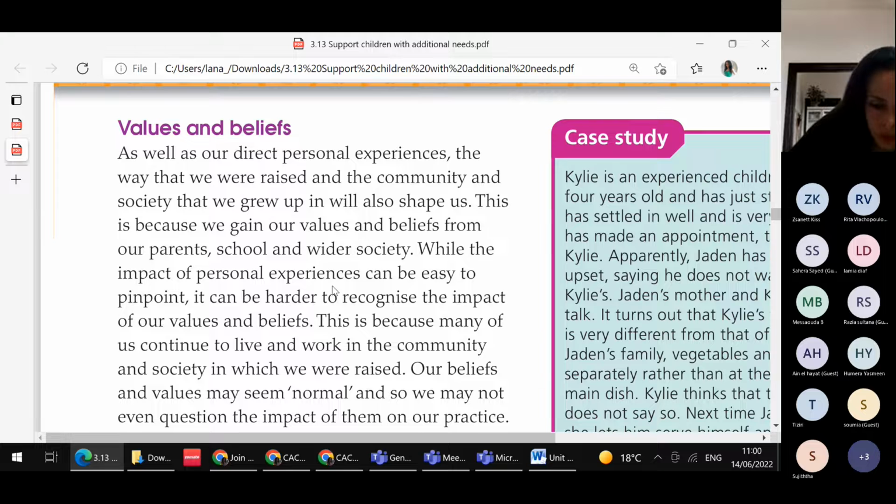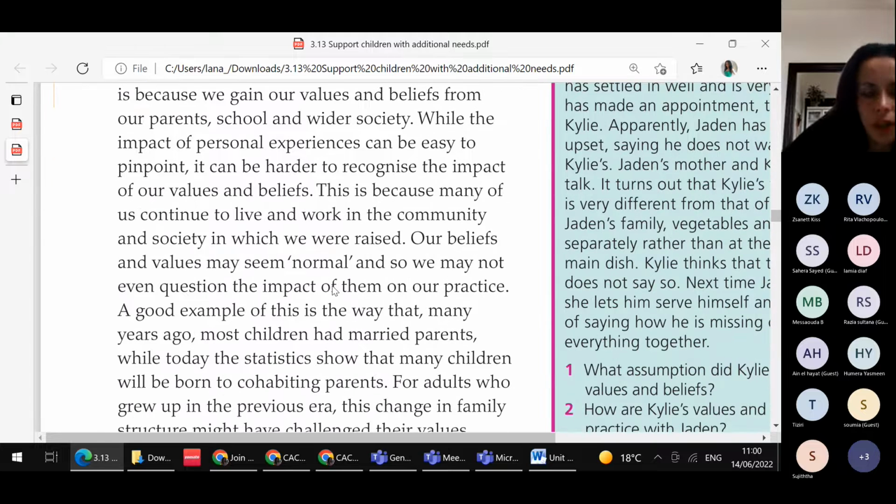So why? Because many of us live in the community for quite a while, so we do realize that this community has shaped us, our beliefs, our values, the way we act.